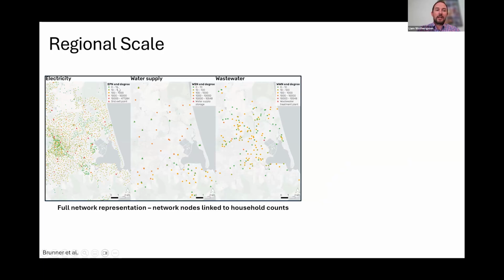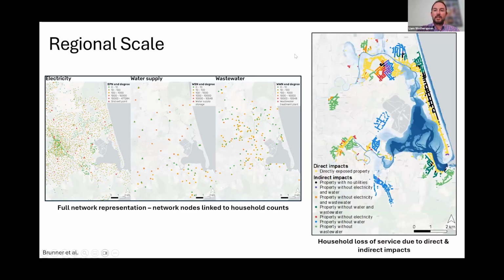As an example of the degree of resolution, as you move from green towards the red colors, these are points or nodes within the network that influence larger and larger amounts of households as you move further up the typology of those different networks. So we can characterize who relies on what within those networks, and then start to explore what's driving the impacts, in both a direct and an indirect way.